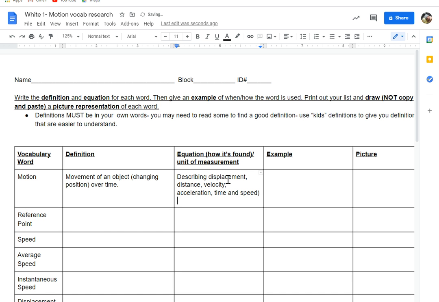So for motion, we're talking about all of these things, because motion can be speed of an object, it can be accelerating, it can be moving a certain distance. So there's lots of things that motion includes.